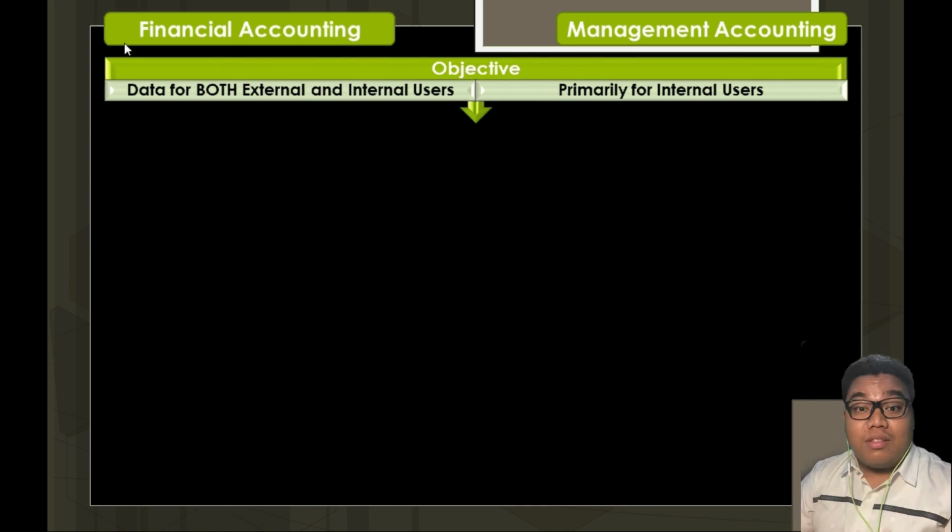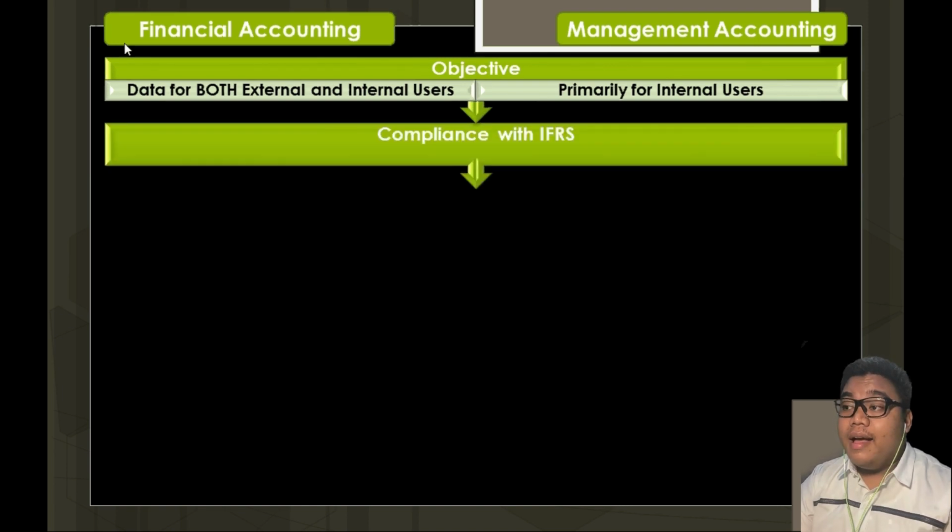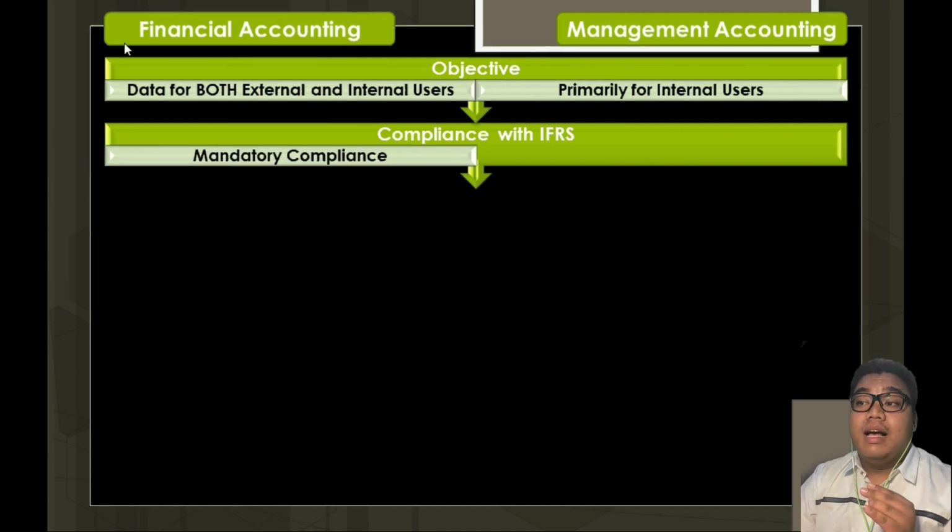While financial accounting reports are general purpose reports that we prepare according to the standards and are available for use by the general public and all stakeholders thereof. As to compliance with the International Financial Reporting Standards or the Philippine Financial Reporting Standards, which is the counterpart of IFRS in our country, financial accounting requires compliance with these standards.